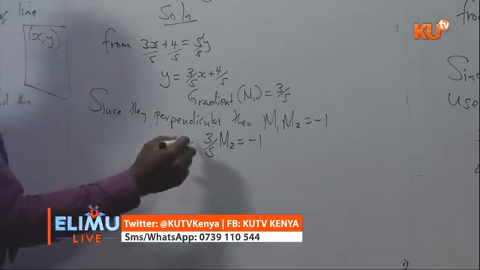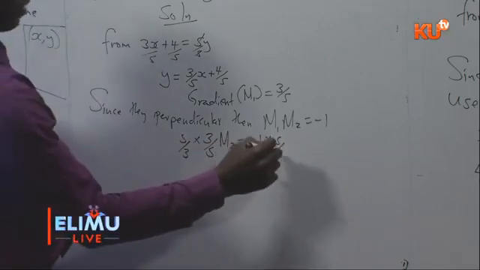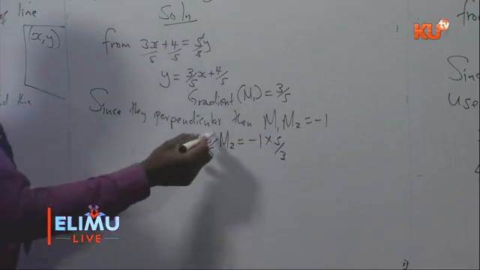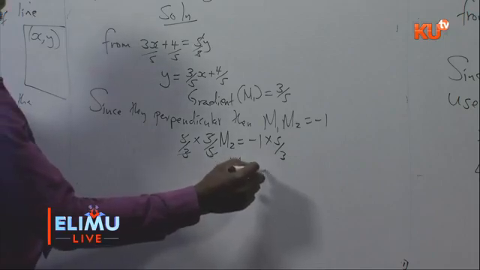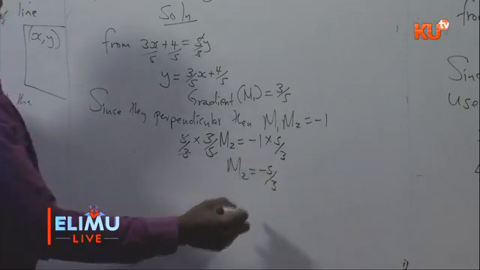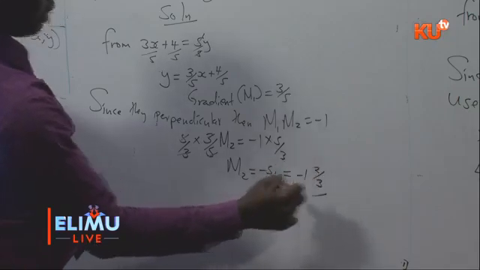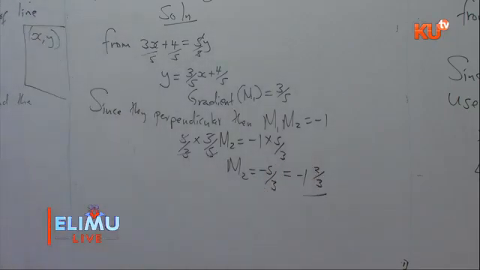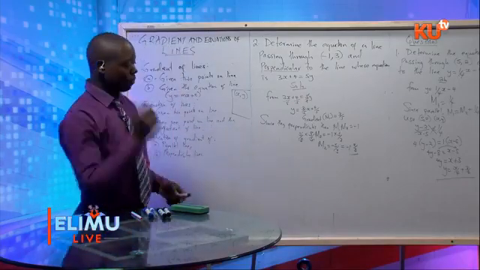How do you get m2? Multiply by 5/3 on both sides. So this cancels out, and so our m2 becomes -5/3. This will be -1 and 2/3. That is how we obtain the gradient for the second line, which is a perpendicular line.